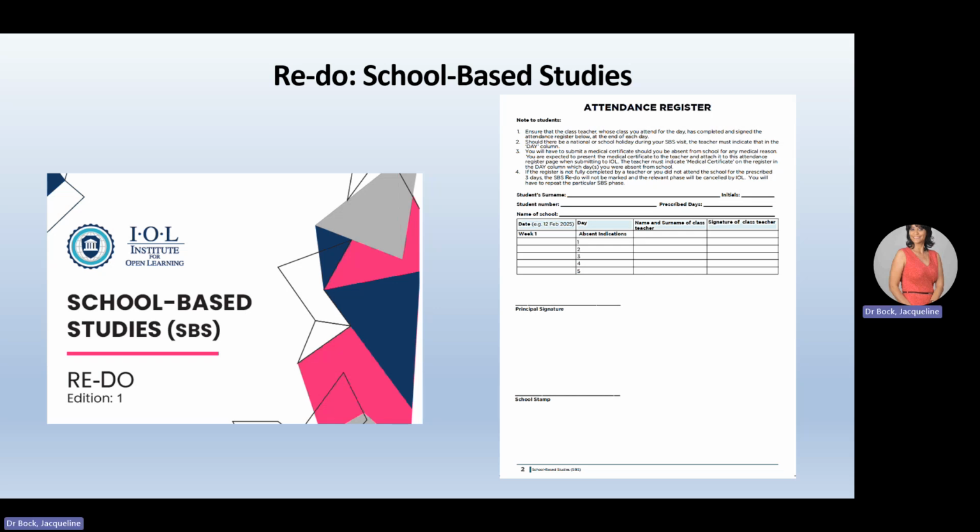There is maybe some reason you could not complete the SPS, then you will be asked to redo for several reasons. Attendance register needs to be kept and you need to complete it. You will go back to the school for at least 3 days to stay at the school and then complete the redo.